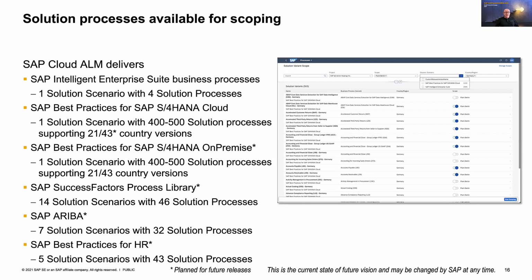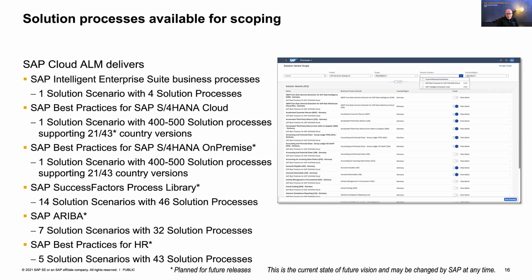On the one hand side, they have the SuccessFactors process library that came originally from the SuccessFactors services branch, so that the consultants there maintain solution processes, and they structured them quite nicely into 14 solution scenarios, delivering 46 solution processes.